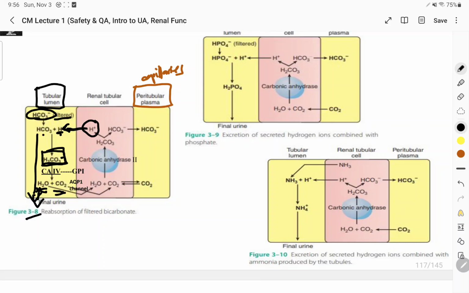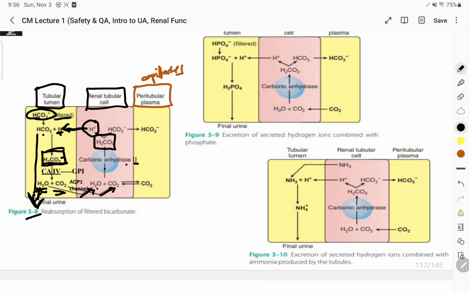Water, of course, goes to the urine, and your carbon dioxide via the aquaporin 1 channel will be reabsorbed, taken up back into your RTE, and combined with water. Okay? Inside your RTE cell, via the action of carbonic anhydrase 2, it forms carbonic acid again.